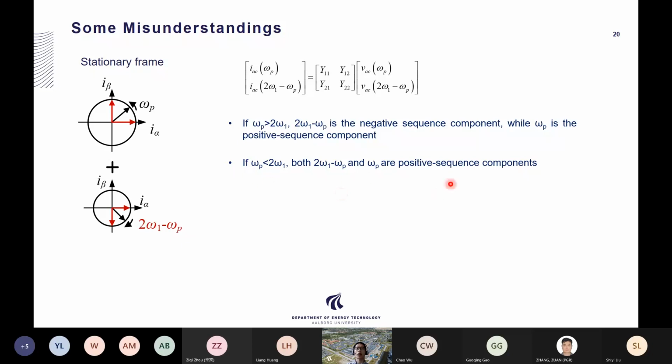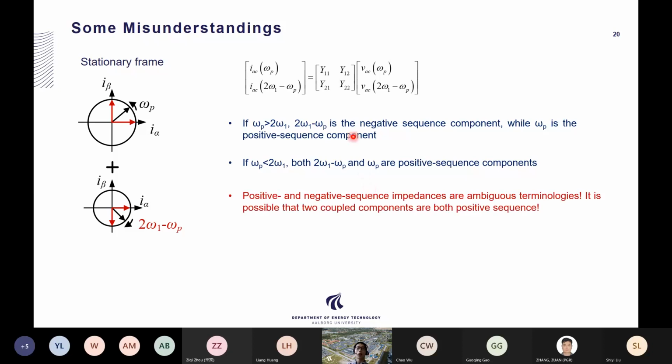So in that scenario, we end up with two positive sequence components coupled with each other. We never see one positive sequence coupled with a negative sequence component. Because these two coupled frequency components are both positive sequence, we can never define a positive sequence and a negative sequence in response to that.